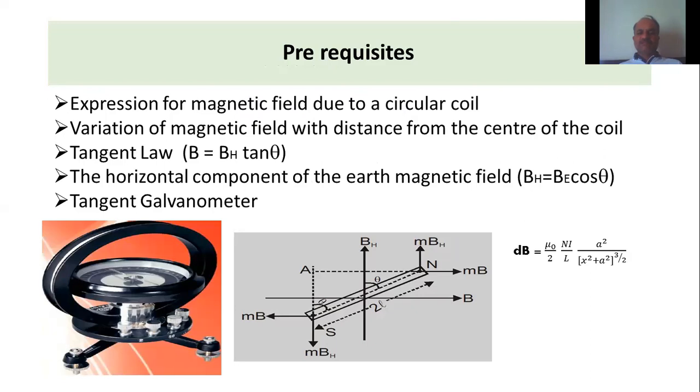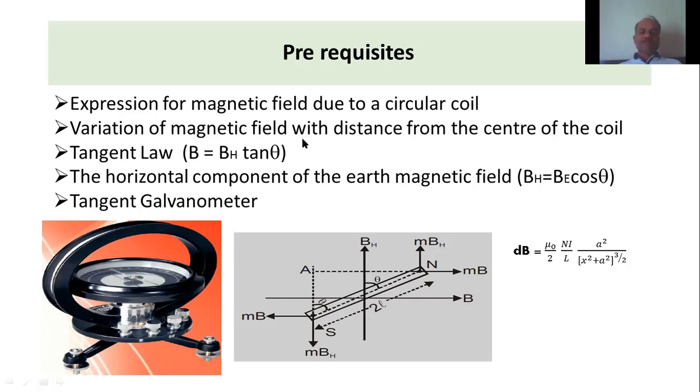The expression for the magnetic field due to a circular coil is given by dB is equal to mu naught divided by 2 into N i divided by L into A square divided by (x square plus A square) whole raised to 3 by 2.